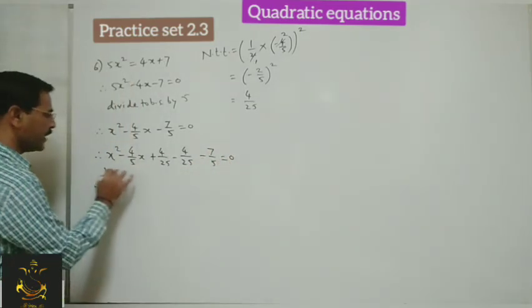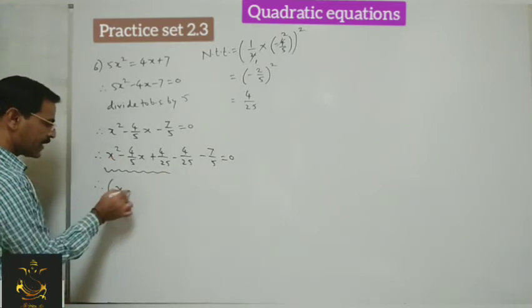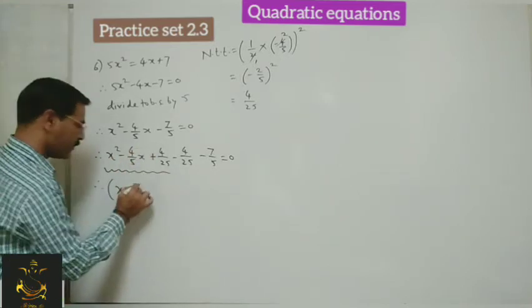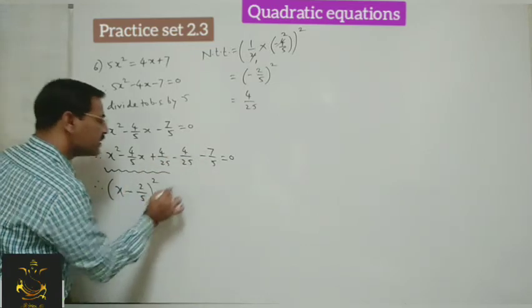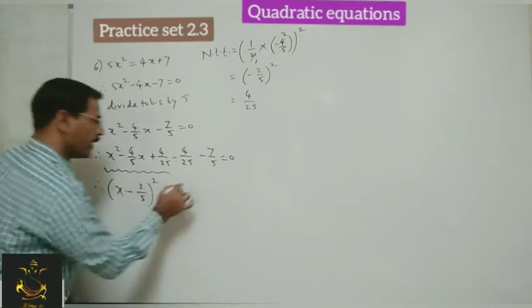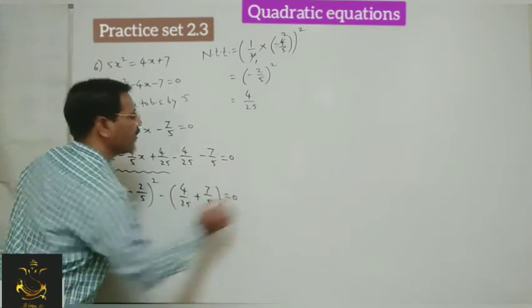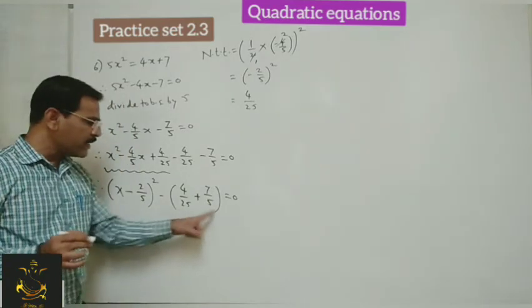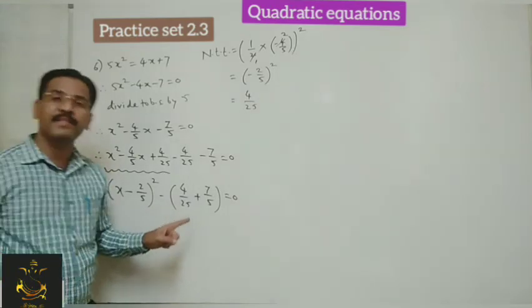Now, the first three terms are a perfect square. Yes, x, middle sign, write the root of this one, which is 2 upon 5 square, and here take minus sign common, it is 4 upon 25 plus 7 upon 5. Okay, now just observe here, in the bracket simplification we are going to make the denominator same.